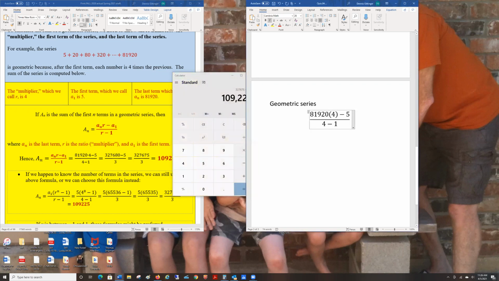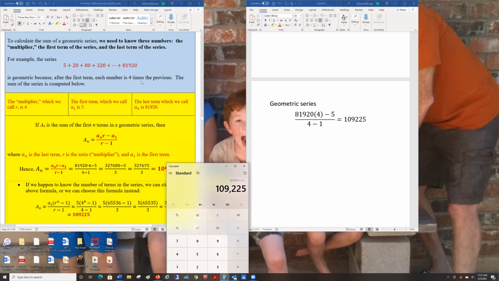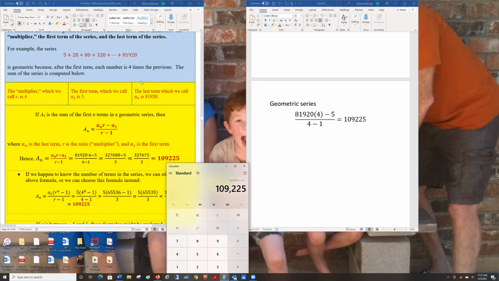And so the answer is 109,000. We hope the answer is 109,225. Let's find out if I did that right. Now, the cool part of this is, I don't have sigma.